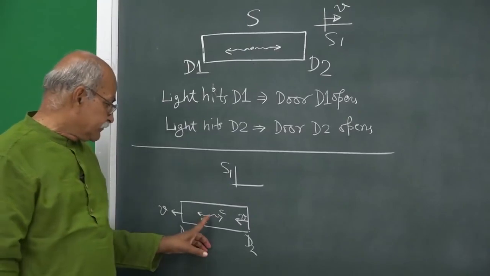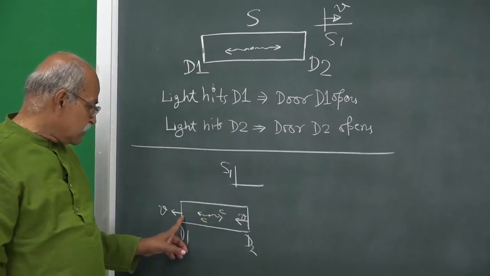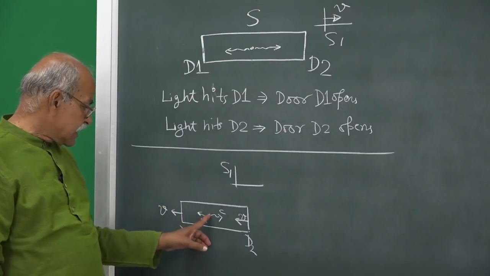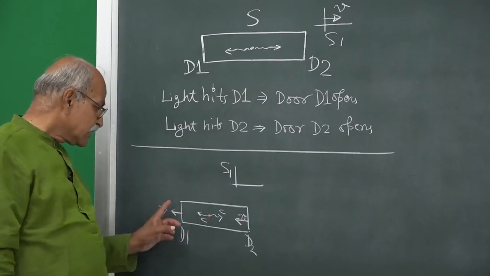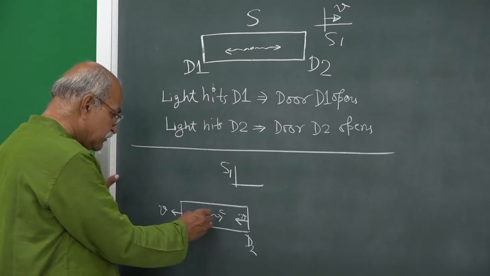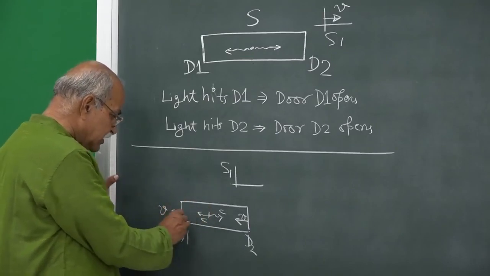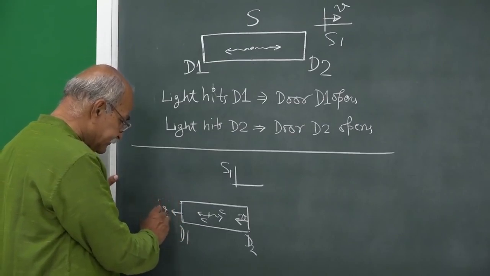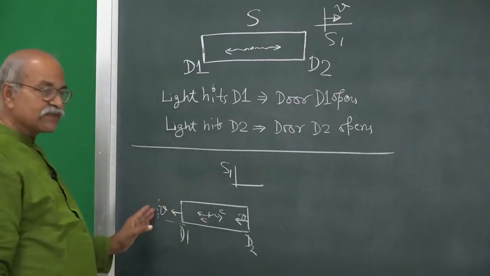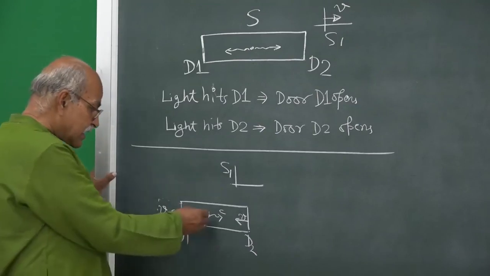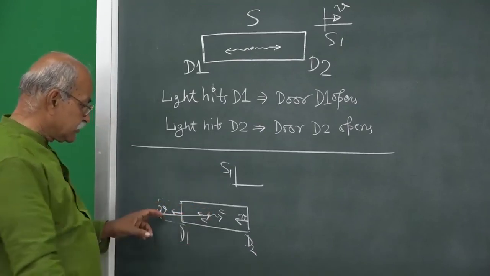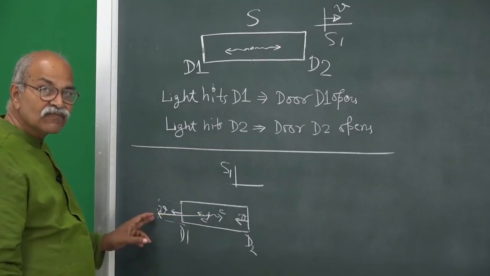So, you can see that door D1 is going towards left and this light has to catch up with that, and therefore, this meeting of this light pulse and door D1 is not going to be here, it is going to be somewhere here, at an extra distance, and so this light has to travel this much distance to reach door D1.